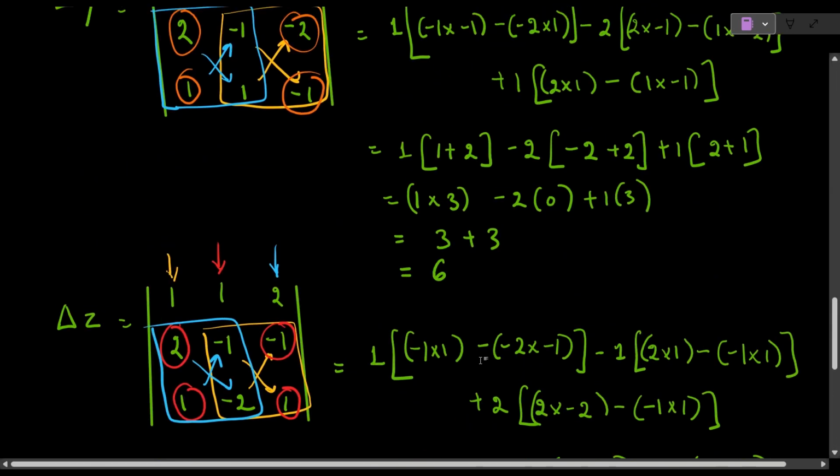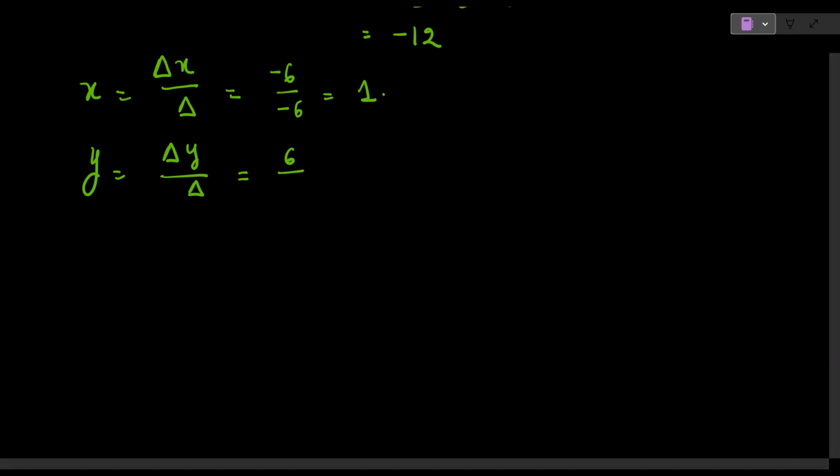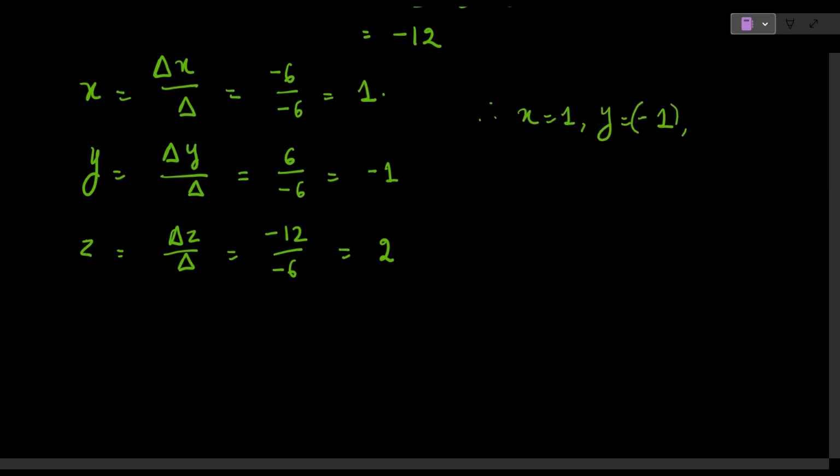How much we got? 6. And the value of delta is minus 6. So 6 by minus 6, this gives minus 1. Okay. And value of z is delta z by delta, that is equal to minus 12 by minus 6. This is equal to plus 2. Did you understand, students? Therefore, the value of x is 1 and value of y is minus 1 and value of z is 2. Very easy, students.